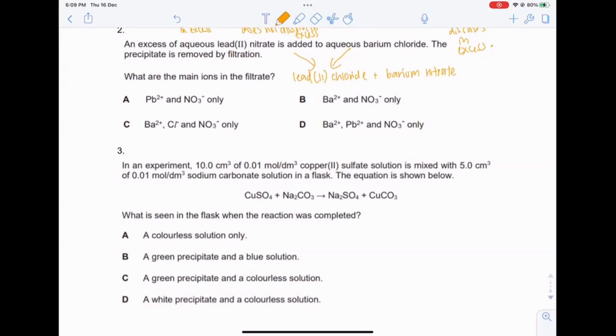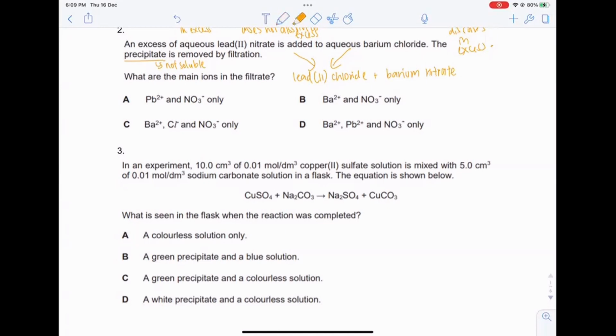What is a precipitate? Precipitate means that it is not soluble. So which one is not soluble between these two? Lead(II) chloride. Yes, because all nitrates are soluble, so it cannot be barium nitrate. All chlorides are soluble except for lead and silver, correct? So to do this chapter well, other than knowing the 4 tables, or for some of you 3 tables, you also need to know the solubility table.